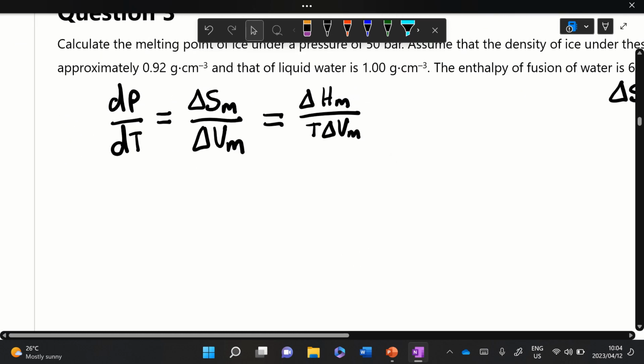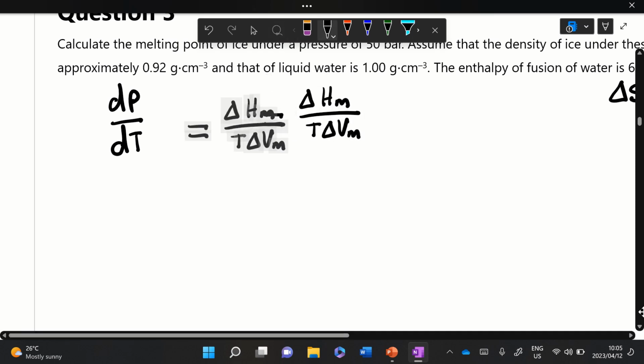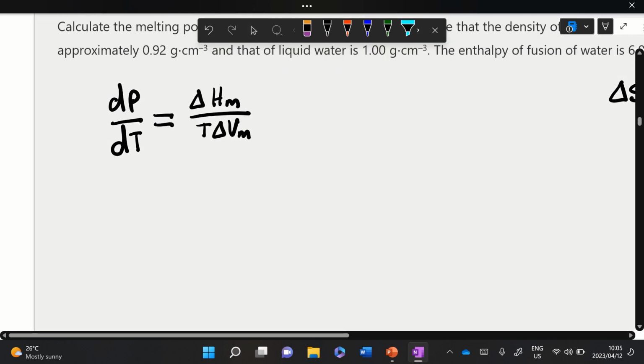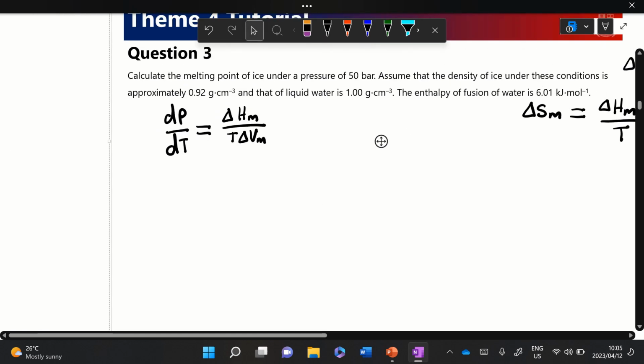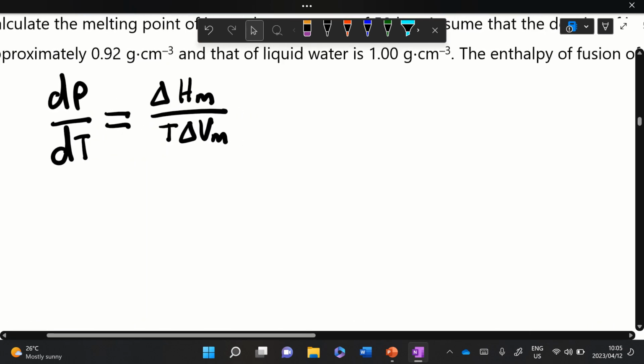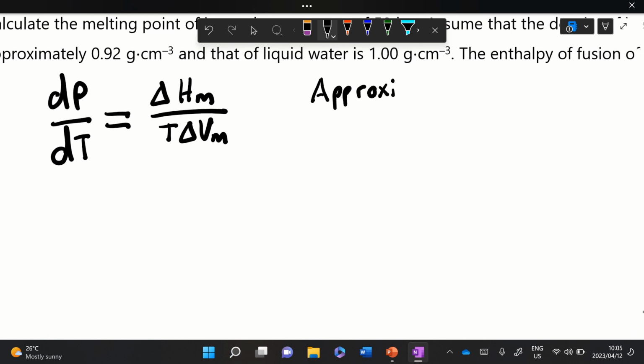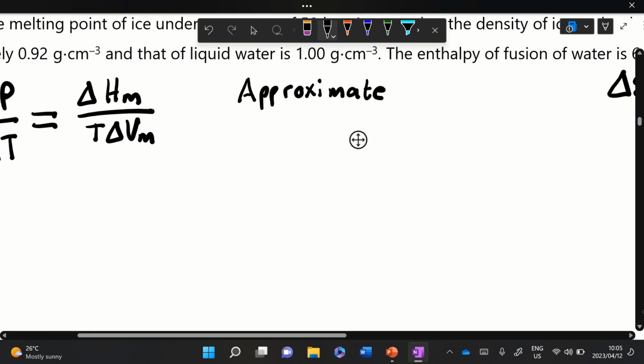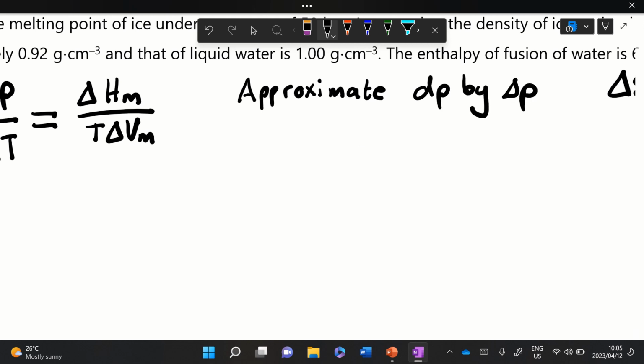So I'm just quickly going to rub this middle part out. So having that, what can we do with that? Well, we can approximate dP by delta P and dT by delta T, right?